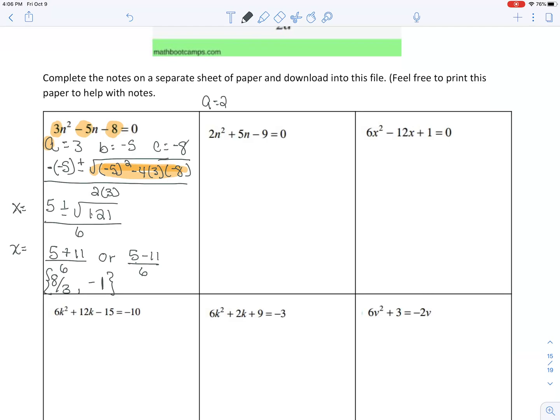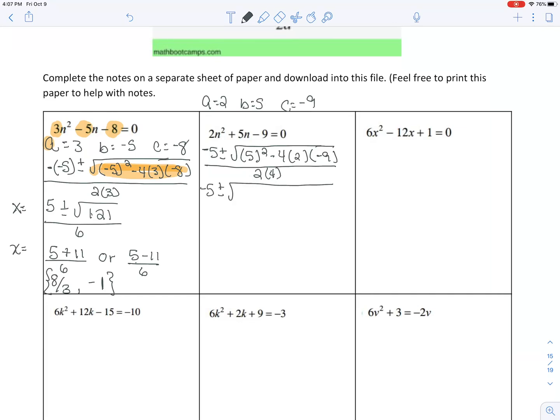So again, we want to find a, b, and c. So here a is 2, b is 5, and c is negative 9. It's already equal to 0, so we didn't have to change anything there. So we're going to have negative 5 plus or minus the square root of parenthesis 5 squared minus 4 times 2 times negative 9, all over 2 times 2.